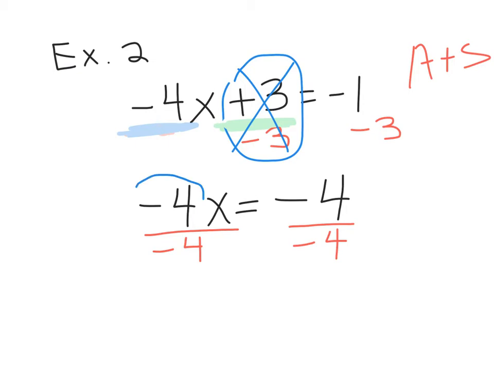Now, because I have multiply by -4 and divide by -4, they cancel each other out and make a 1. That means I have x equals, now -4 divided by -4, a negative divided by a negative is a positive, and 4 divided by 4 is 1. And that's my final answer.